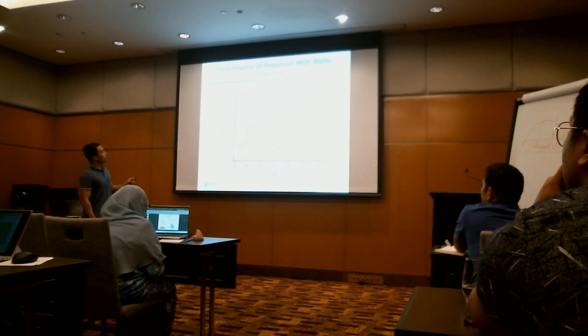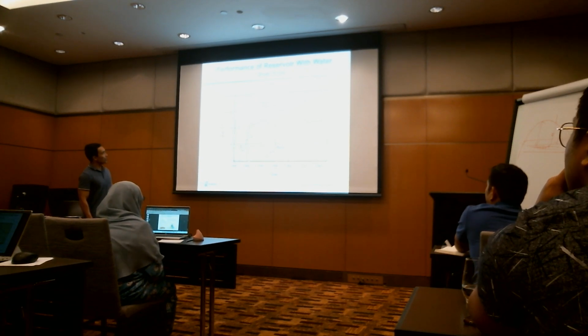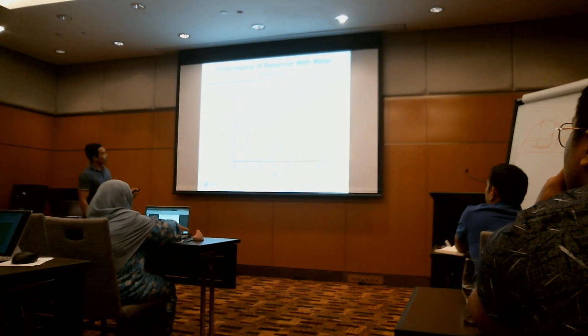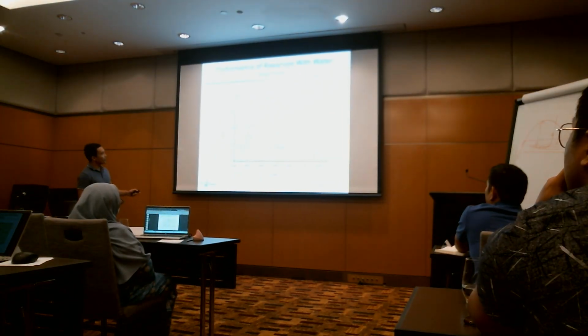This is the performance of a reservoir with water injection. Okay. So you see that. Here is the water injection, the dotted blue line, the water injection rate, and this is the water production from the reservoir. This is the oil here.